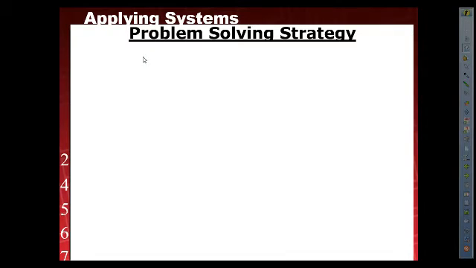So think about it. Since I introduced word problems with equations and inequalities, we've already been using a problem solving strategy. Tell your neighbor, which problem solving strategy have we been using? That is correct.